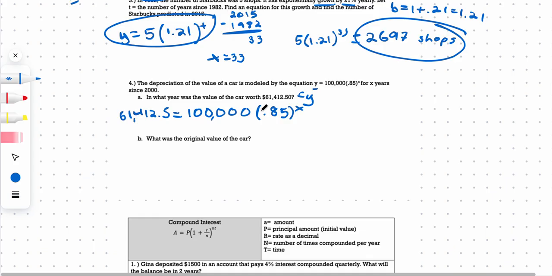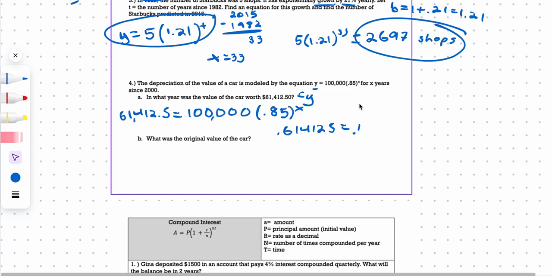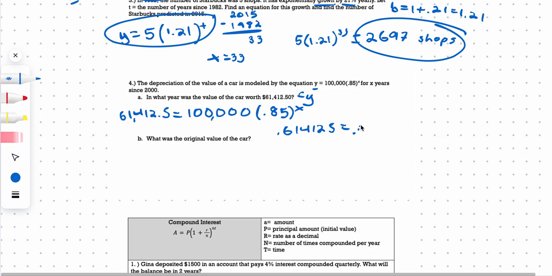Once we do this, we get 0.614125 equals 0.85 to the x power.